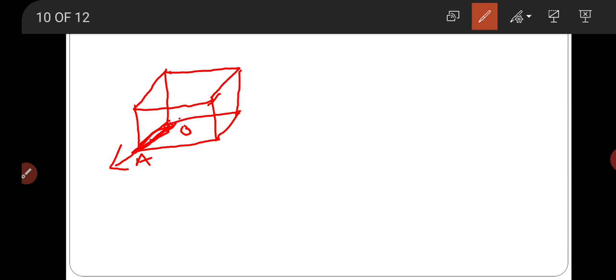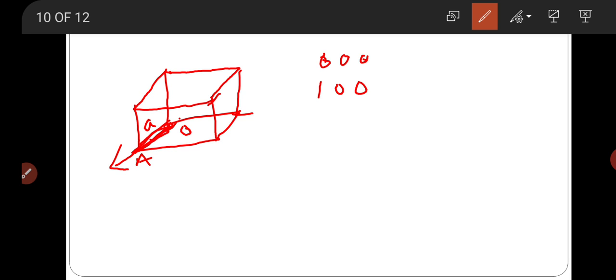The coordinates of the origin are 0, 0, 0. The coordinates of the A point are 1 for x, 0 for y, and 0 for z.